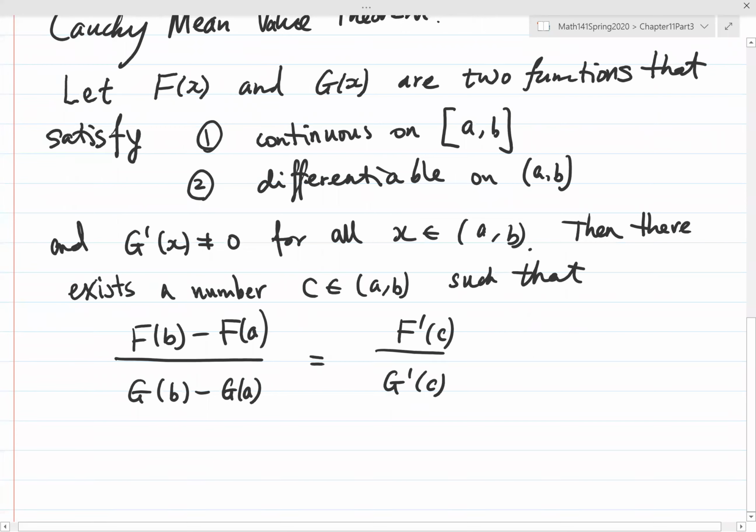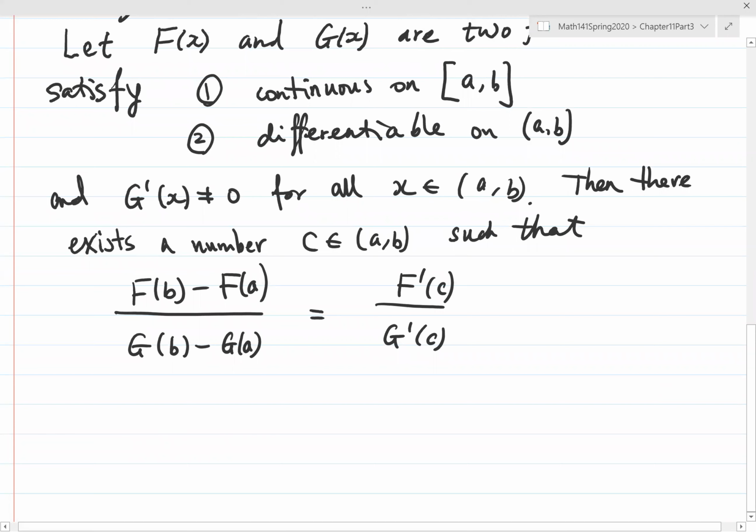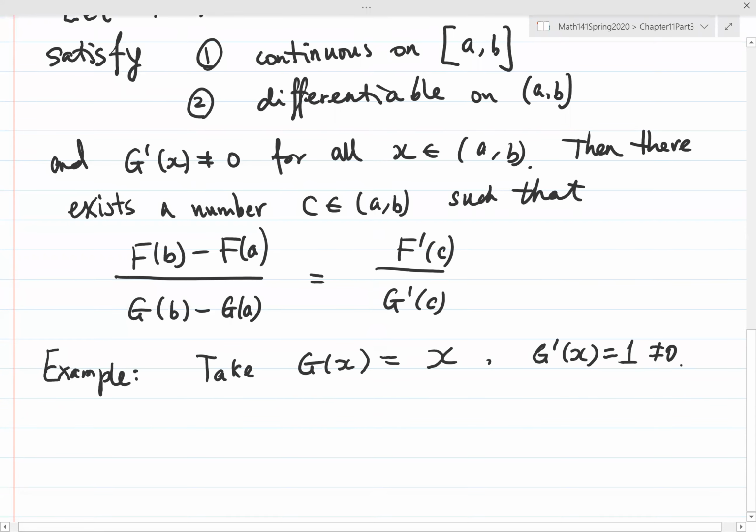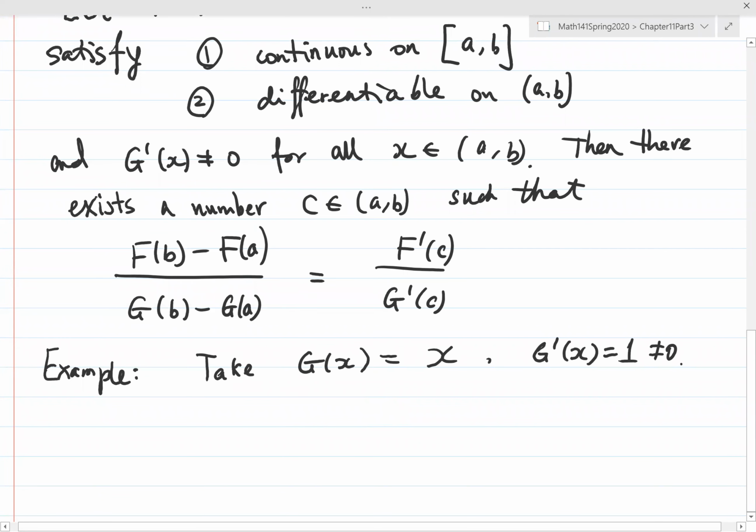Now, this is the Cauchy mean value theorem. We skip the proof for now and see an application first. If we take G(x) to be x, a special function, then G' is 1, never 0 for all x, and G is differentiable and continuous.